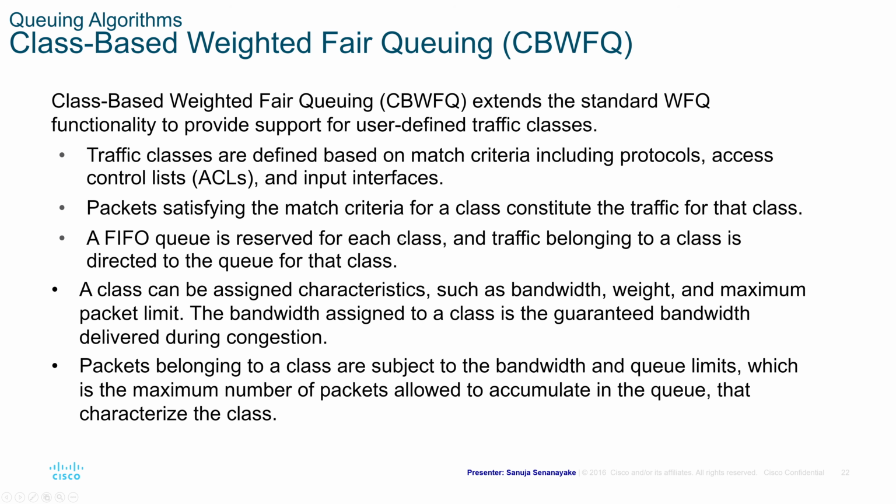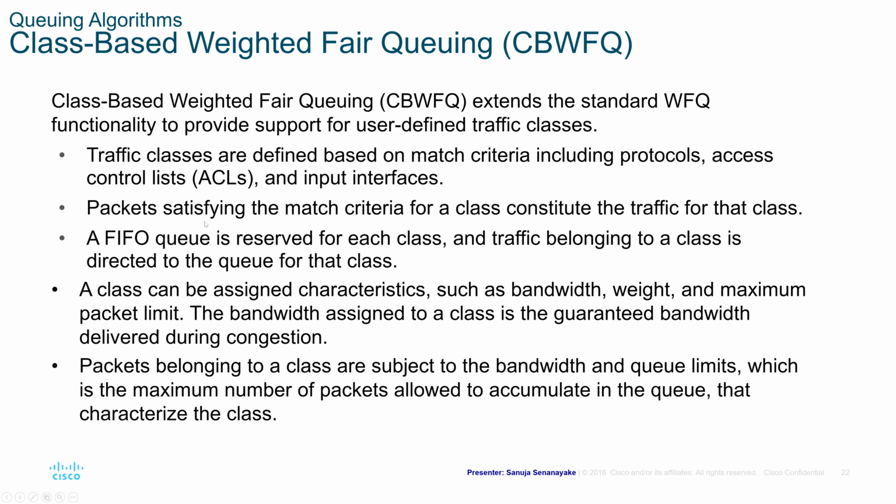Packets satisfying the match criteria for a class constitute the traffic for that class, and a FIFO queue is reserved for each class, and traffic belonging to a class is directed to the queue for that class. So FIFO is used after the classification has been done.